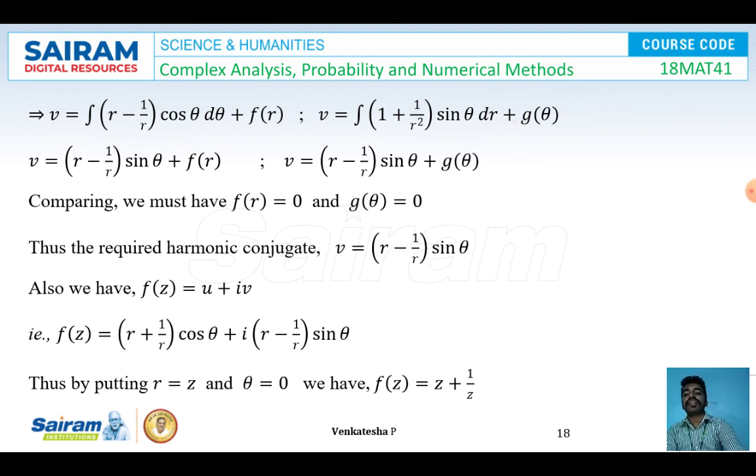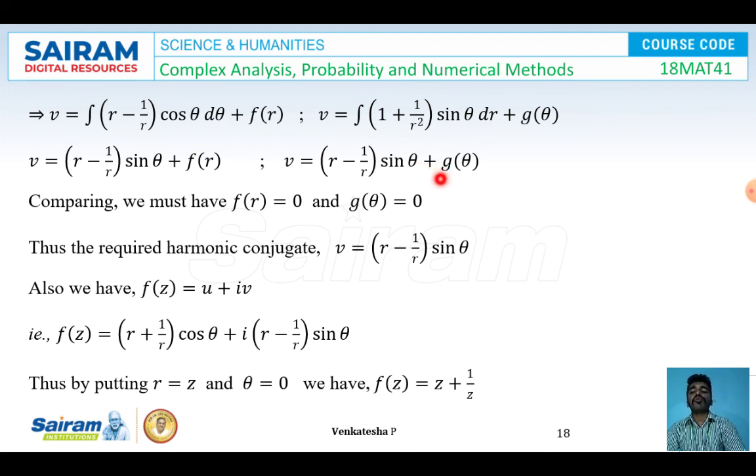After integration with respect to theta, keeping r minus 1 by r as it is, cos will become sin theta, plus f of r. And here, treating sin theta as constant, integrating 1, I got r. Integrating 1 by r², it is minus 1 by r, plus constant g of theta.